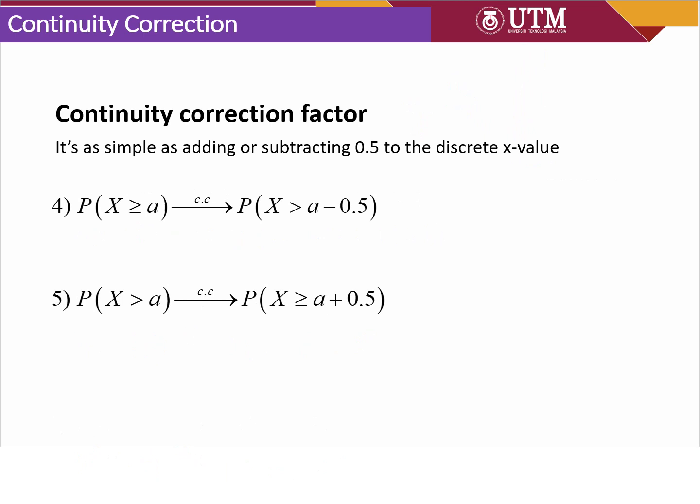So this 5 interval will be included. Next is the probability of x greater than or equal to 6. This one is 5, this one is 7.